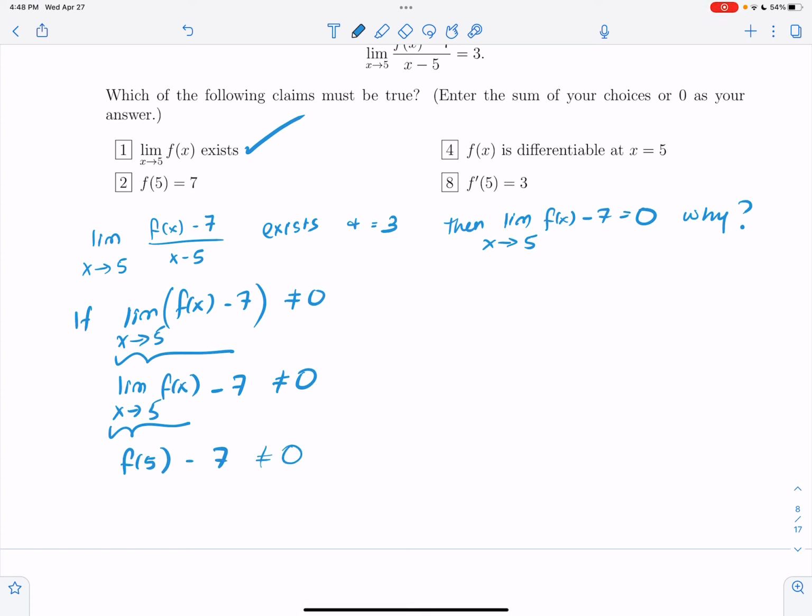So if f of 5 minus 7 is not 0, then what would happen? You would have a non-zero number in the numerator over 0. And if you have that, then this limit would be plus or minus infinity, okay?